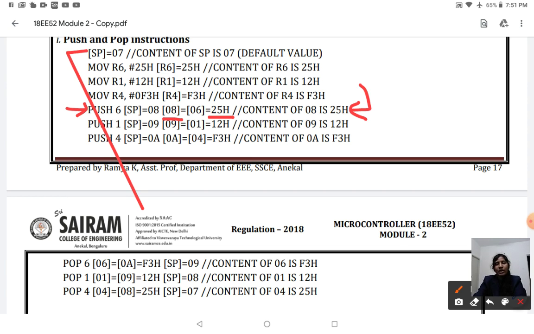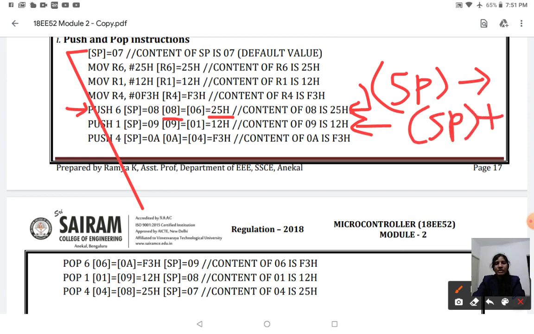Now push 1. Now the content of R1 has to be pushed onto the stack memory. After every push instruction is executed, the content of the stack pointer is incremented by 1. So after executing push 6, your stack pointer content was incremented to SP plus 1.